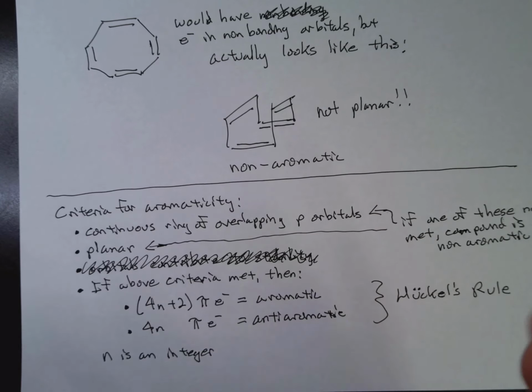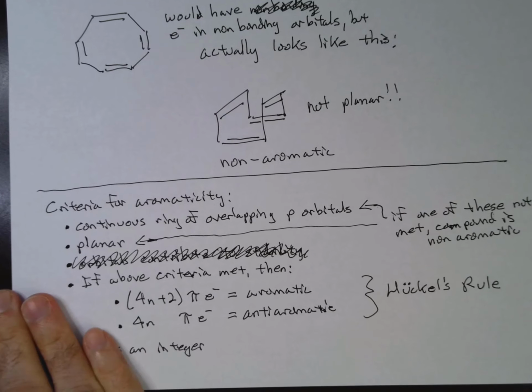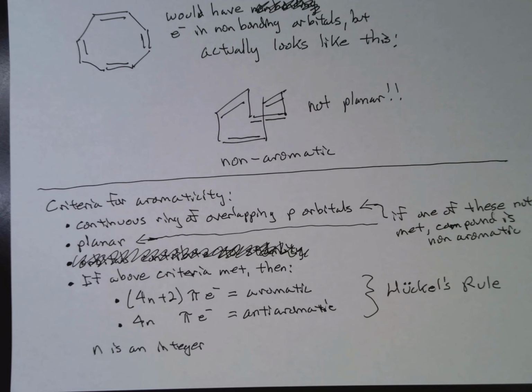But yeah, different texts have things a little different. Ms. Gibson showed me this nice website where you can have some practice identifying aromatic and anti-aromatic and non-aromatic compounds. So I'll try to post a link to that on Canvas for you.